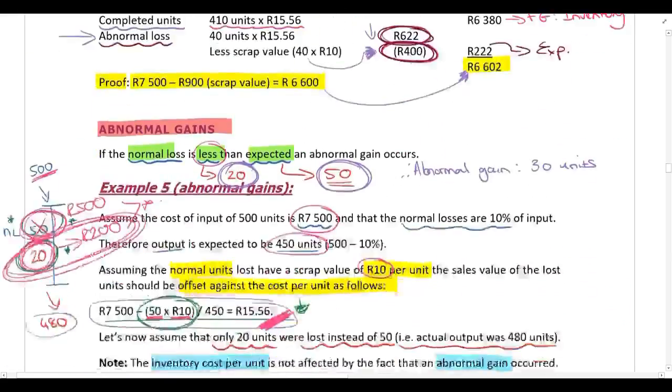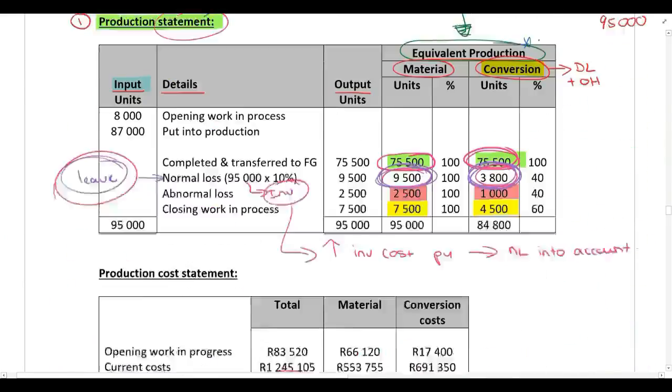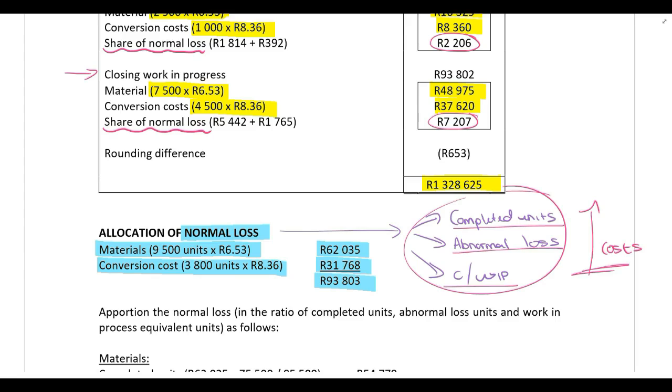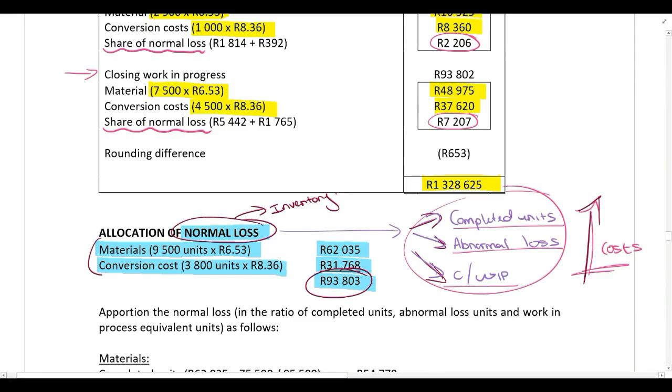So that's why, guys, it's important in our calculation over here, when we now allocate this normal loss that we've worked out over here, we need to allocate it between the completed units, the abnormal loss, and the closing work in process, which results in all of our costs increasing because the normal loss affects the value of inventory. Okay, in our basic example, inventory isn't valued at 15 Rand anymore, it's valued at 16 Rand 67 after allocating the normal loss or taking the normal loss into account.